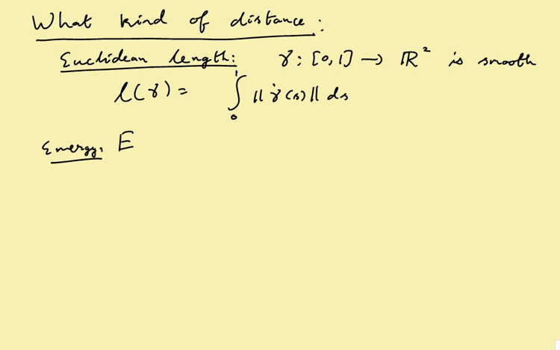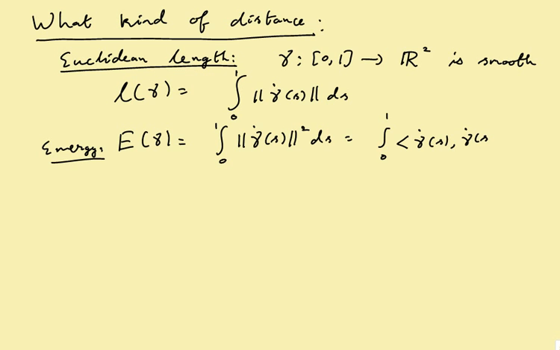Now I'll also have another quantity, energy, just to illustrate things. E of gamma is the integral from 0 to 1 of the norm of gamma dot of s squared ds. Well, energy is nicer because it's quadratic. Everybody knows that quadratic things are nice. So I can write it as the inner product of this. Okay, so this is the Euclidean formula.